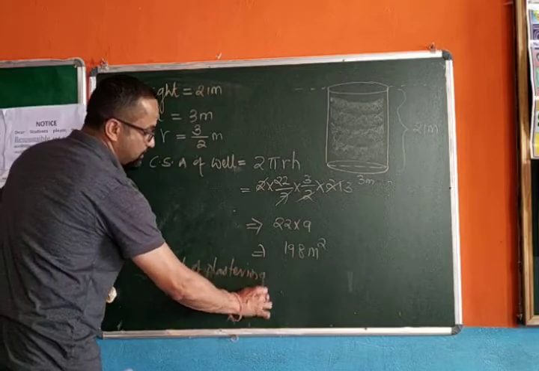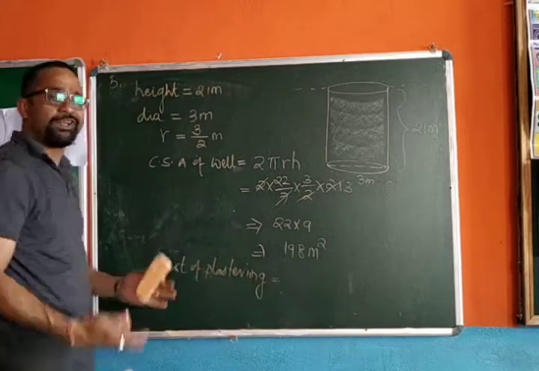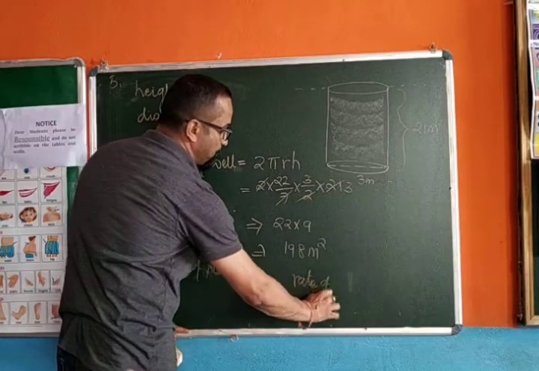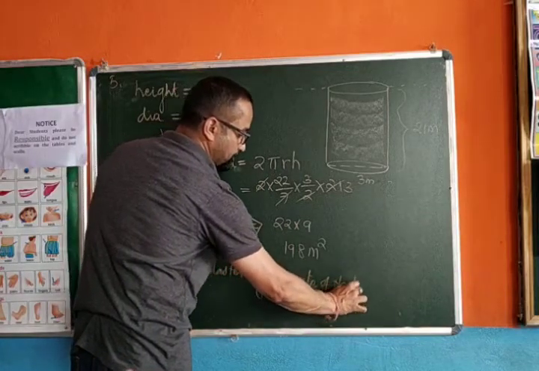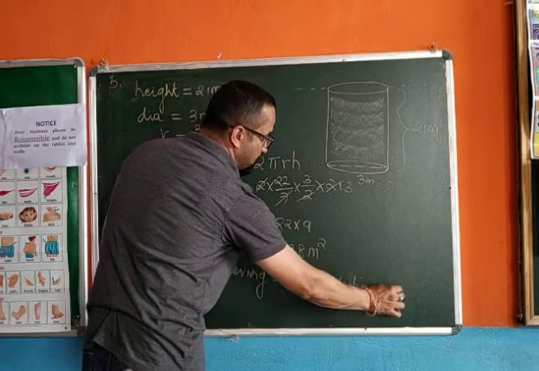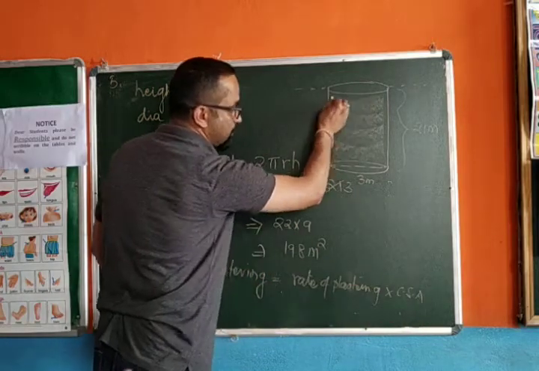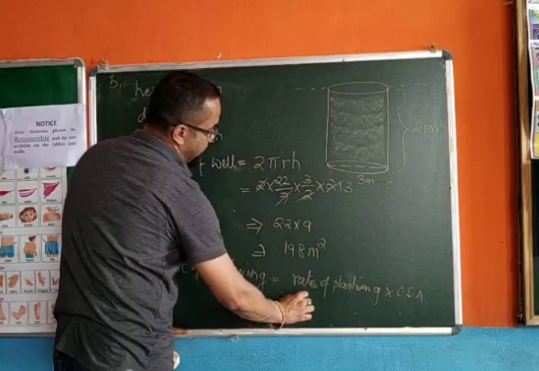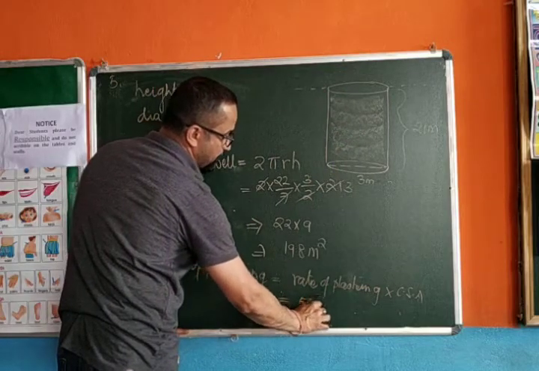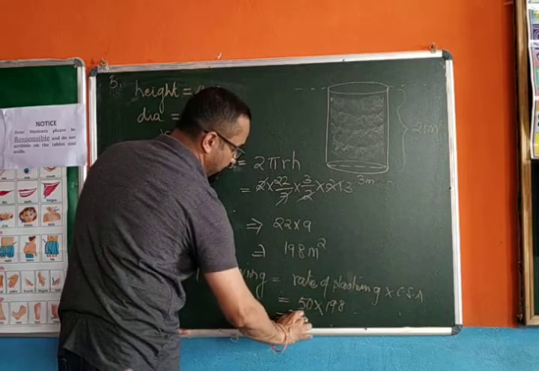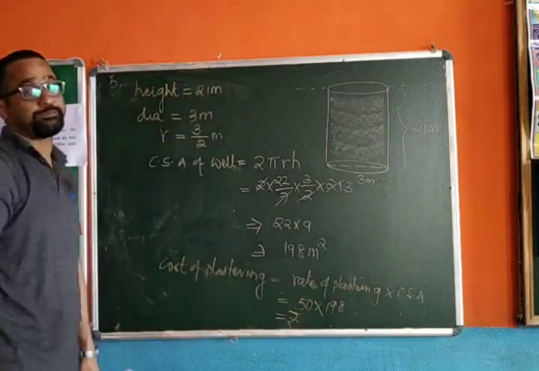Cost of plastering is equal to, it is so simple, the rate of plastering multiplied by the curved surface area which has to be plastered. Rate, let's take it as 50, times 198. You multiply this, you get the cost of plastering.